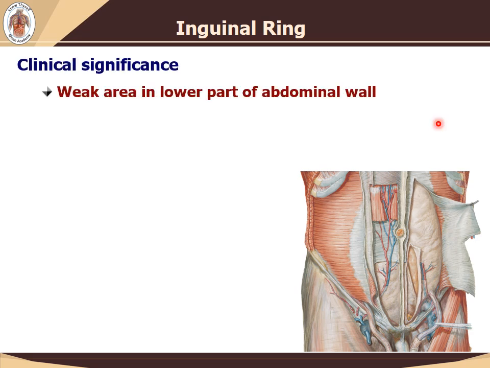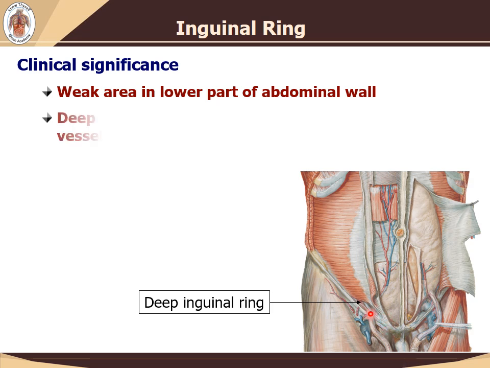That is the clinical significance. It's a weak point. You can imagine there is a deficiency, a defect, in the fossa transversalis, and in the external oblique aponeurosis. So this posterior wall is weak here and anteriorly supported by some muscle. Here this is anteriorly deficient, so posteriorly it is supported by natural muscles.